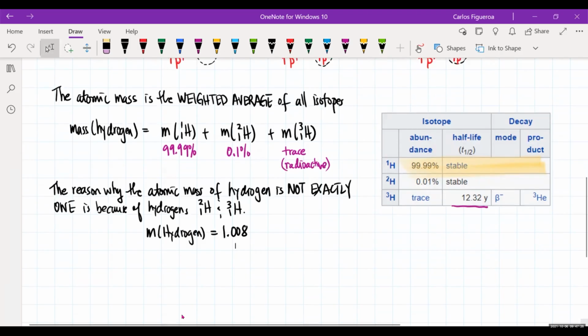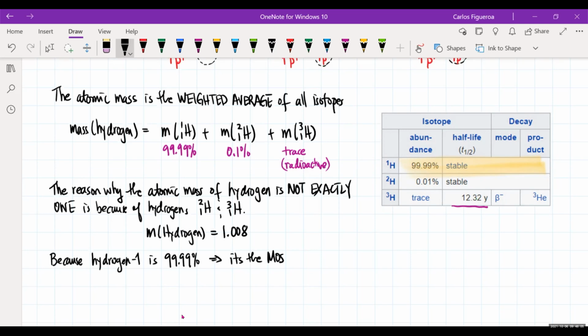So what we say here is this. Because hydrogen 1 is 99.99%, this implies it's the most common isotope of hydrogen found in nature.